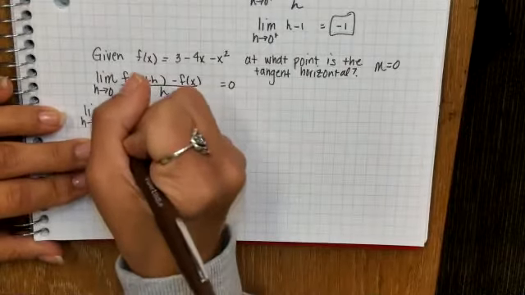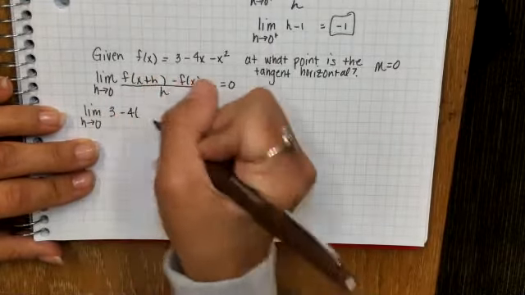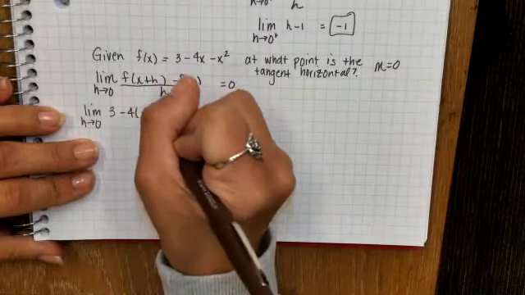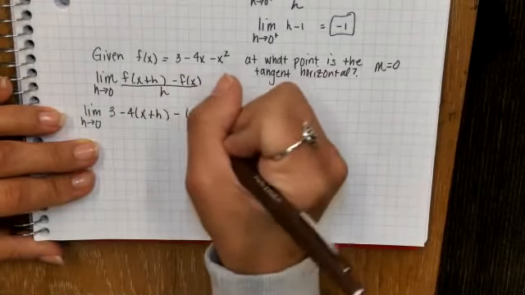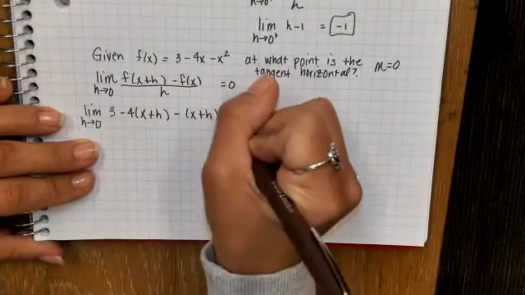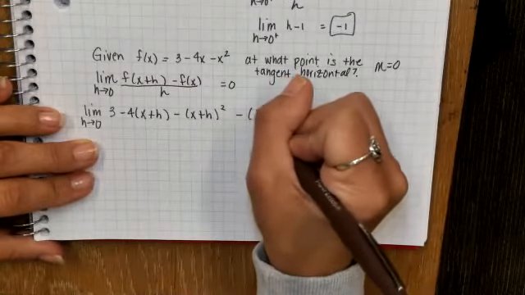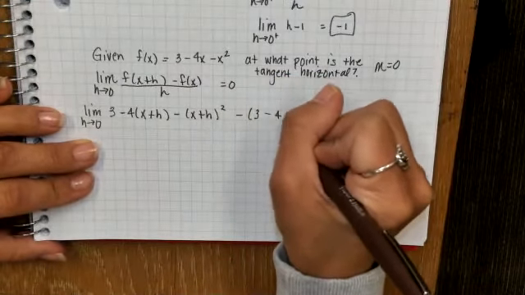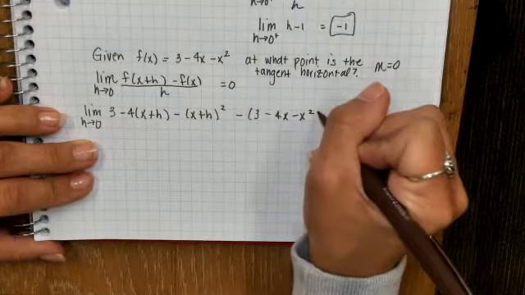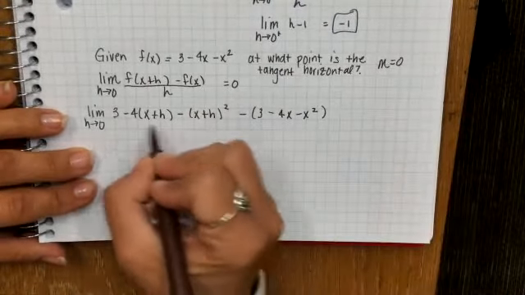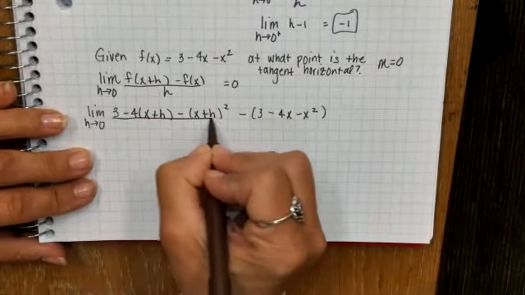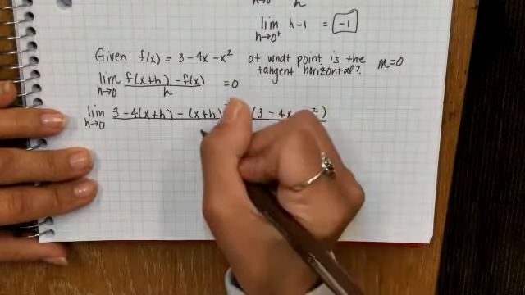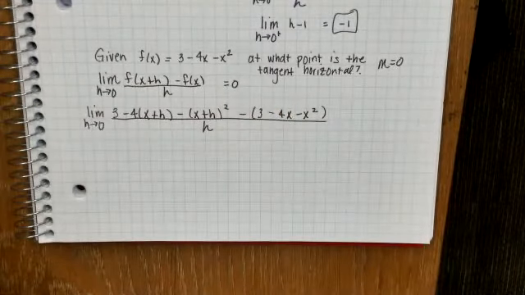So this is going to be 3 minus 4 times the quantity x plus h, minus the quantity x plus h squared, minus the quantity 3 minus 4x minus x squared, all over h. Go for it.